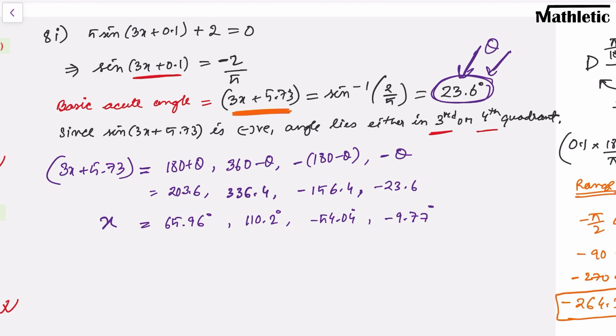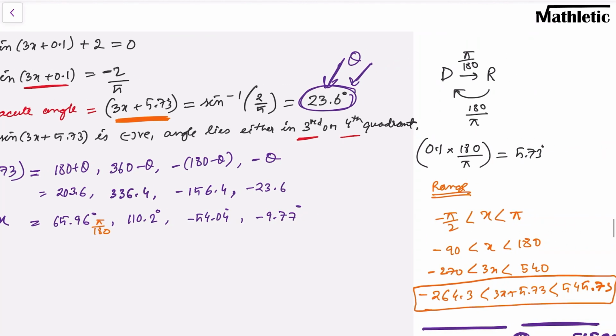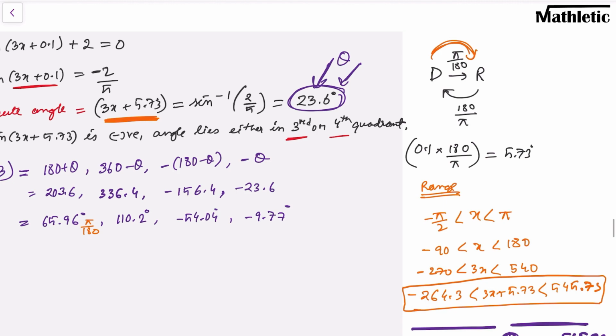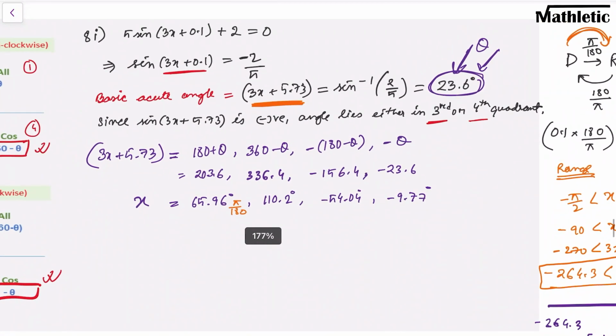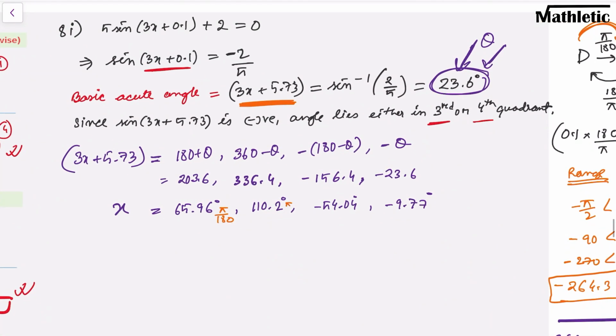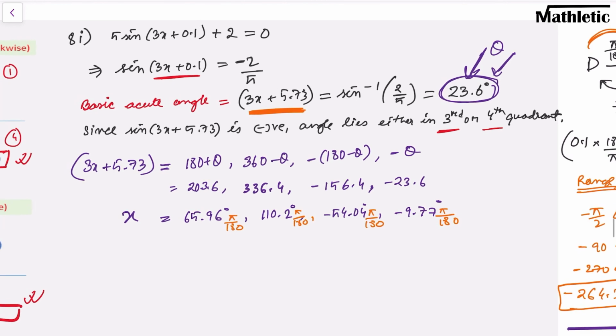So at the very last line, I will just multiply this with pi by 180, as in converting degree to radian. So pi by 180, pi by 180. This is the process I follow, but if you are comfortable working with radian mode, you can go for it.